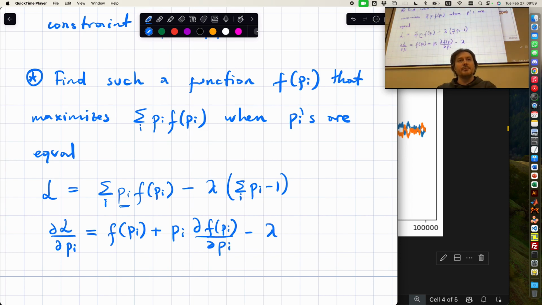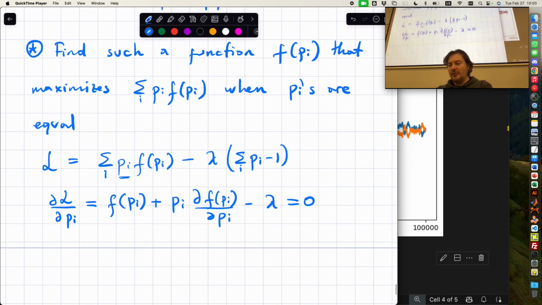So far, so good? Did you follow this? Are you sure? Why is the sum disappearing? Because I'm taking the derivative with respect to only one of the pi's. Yes? The others go away. Very good question. And with respect to all of these, it should be 0. Okay?